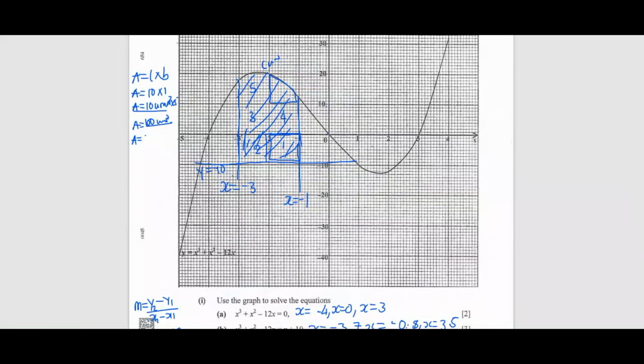So you can count the smaller boxes, then divide by 100, then we have our area. So this is about 0.7 units squared. So if we add, we have 100.7 units squared. So this is how we can find the answer. So that's it for this video. Thanks for watching.